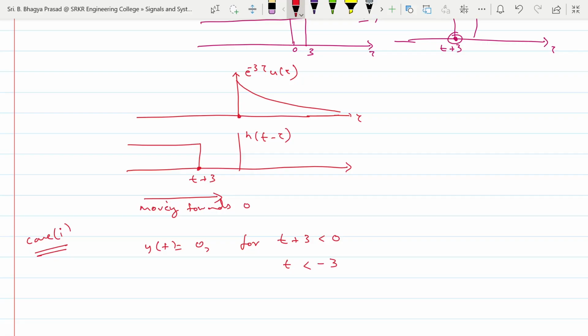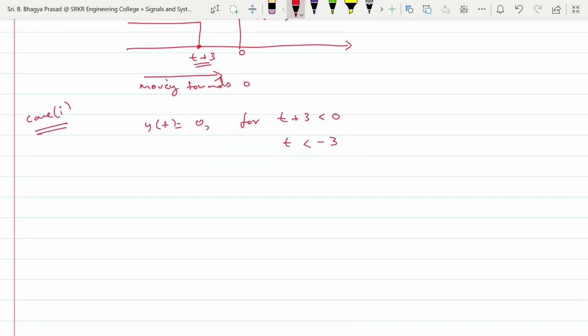Am I correct? Right, t less than minus 3, the product is 0. That is, till t plus 3 touches the origin, the product is 0. After t plus 3 crosses the origin, there will be some overlap. Let us see that as case 2.